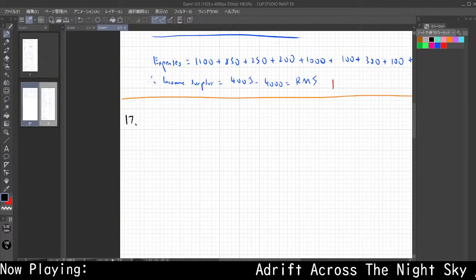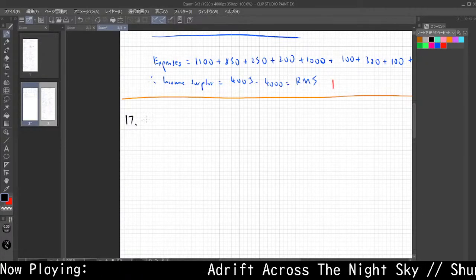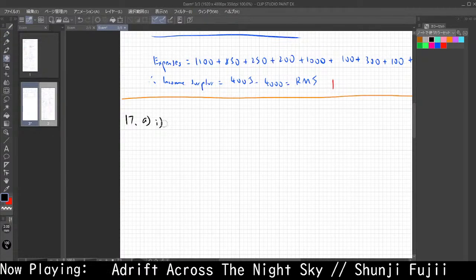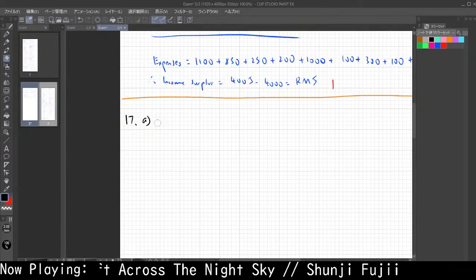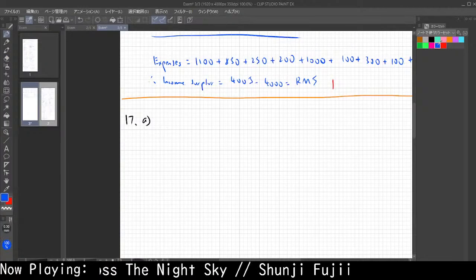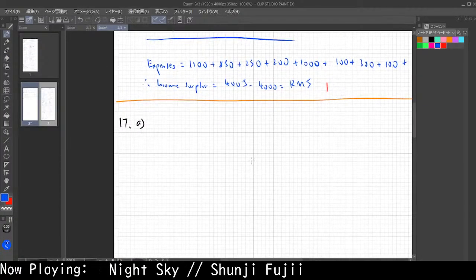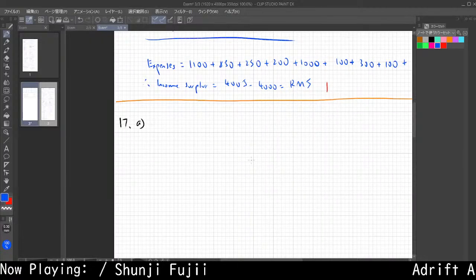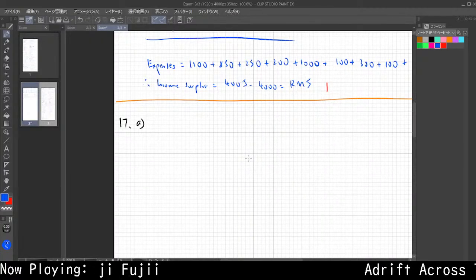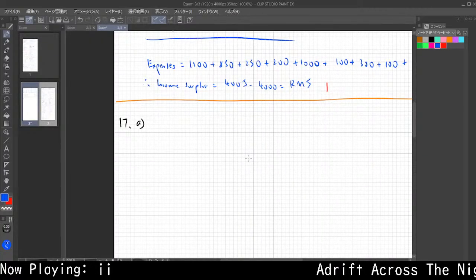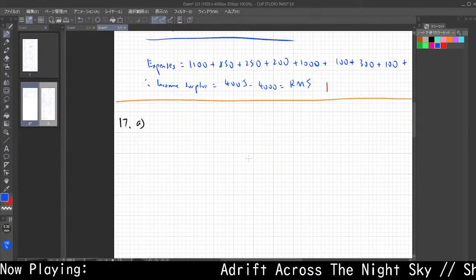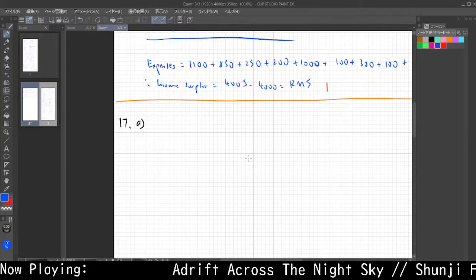Okay, so let's go through this a little bit. This is Part A. To calculate the comprehensive, first we want to look at which value we are using.